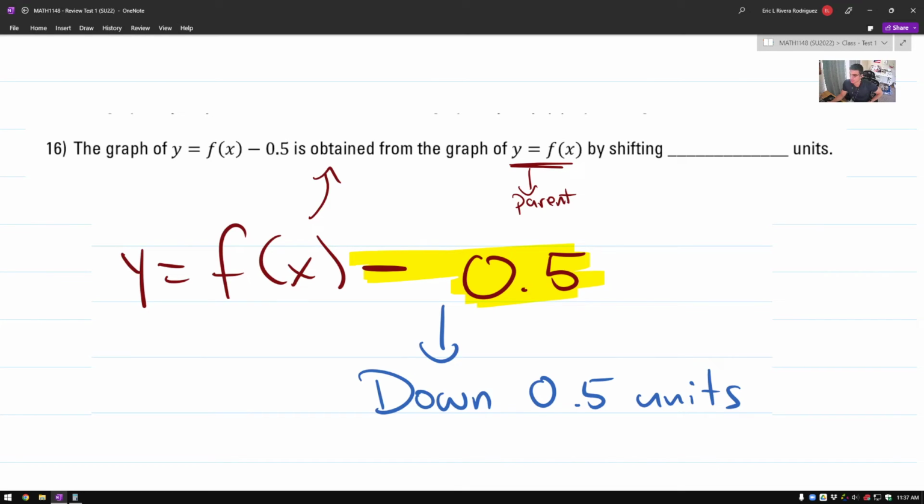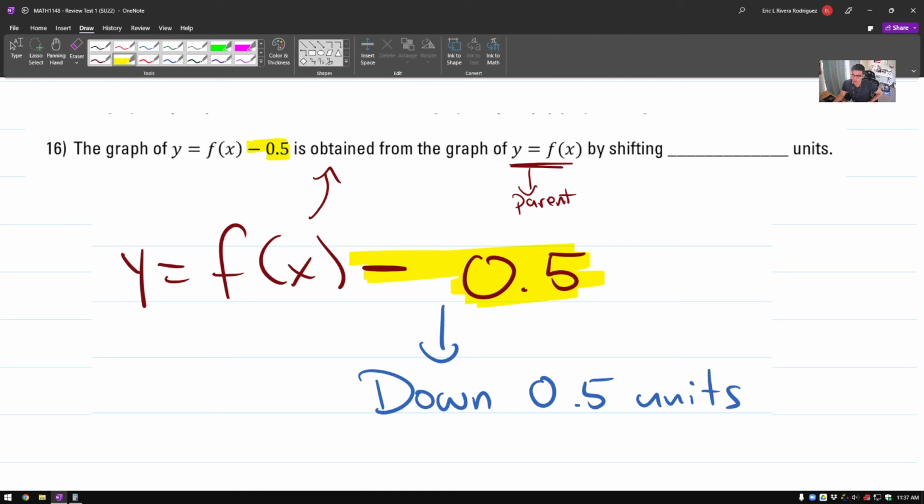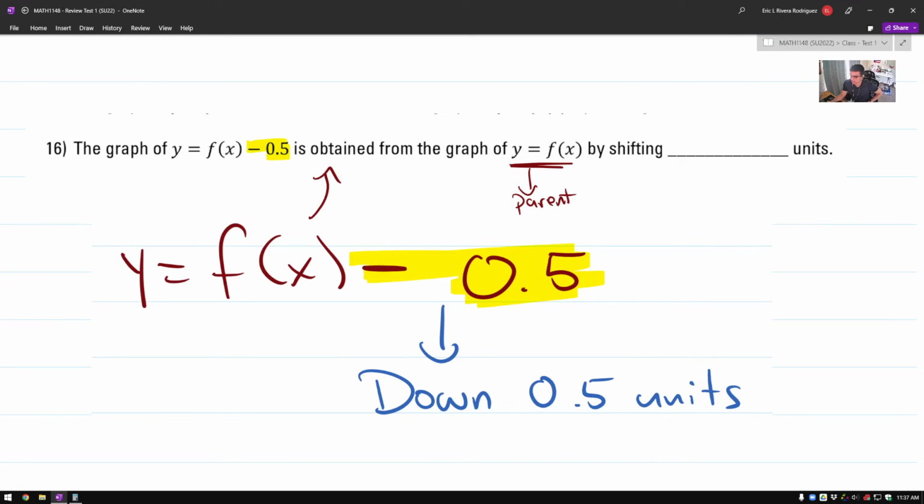We are modifying this one by subtracting 0.5 in the output group, so this is by shifting down 0.5 units, the same that I have here.